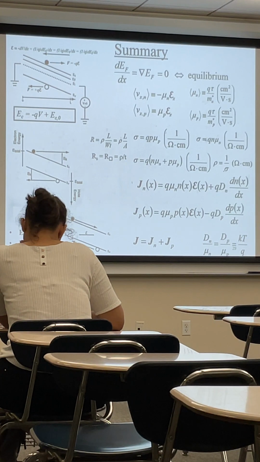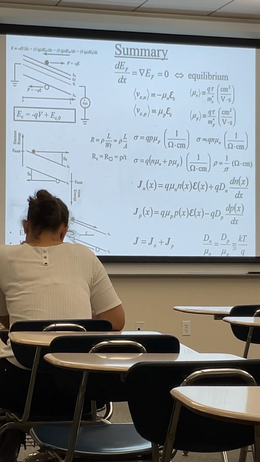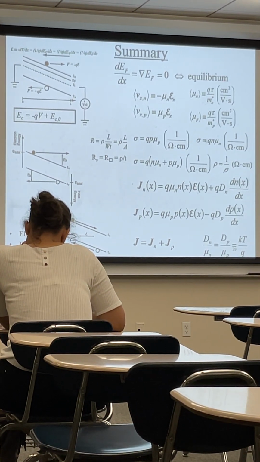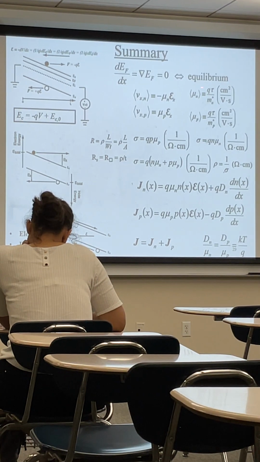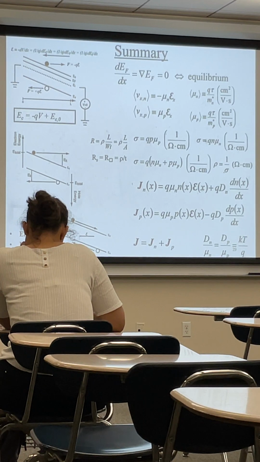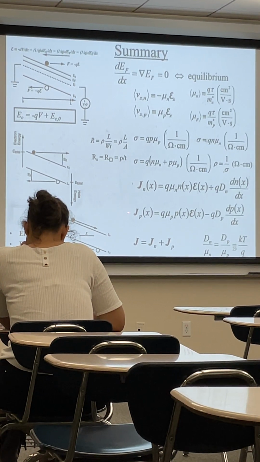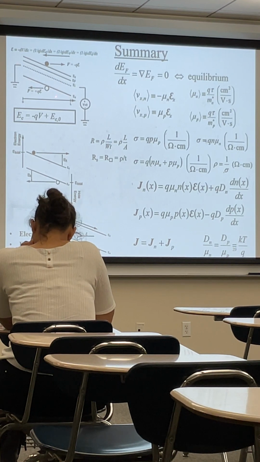Okay, so to summarize, we have introduced this very useful expression. If the Fermi level is constant, then the system is in equilibrium. If the system is in equilibrium, the Fermi level will be constant. And also we discussed how this electric field changes the band diagram.